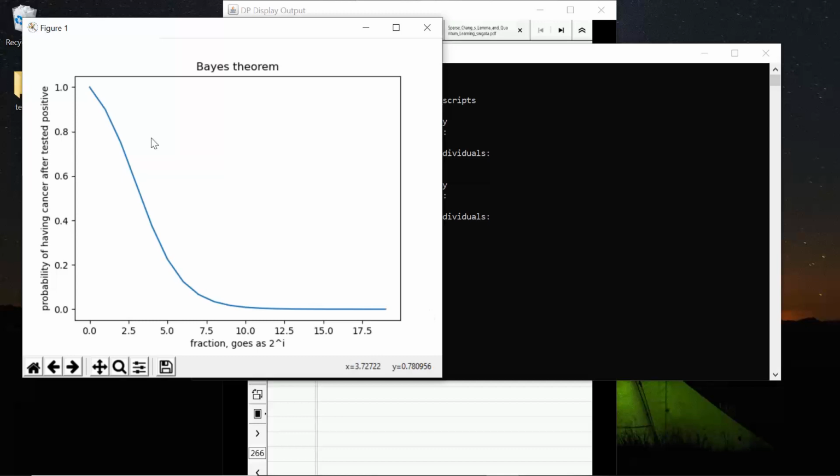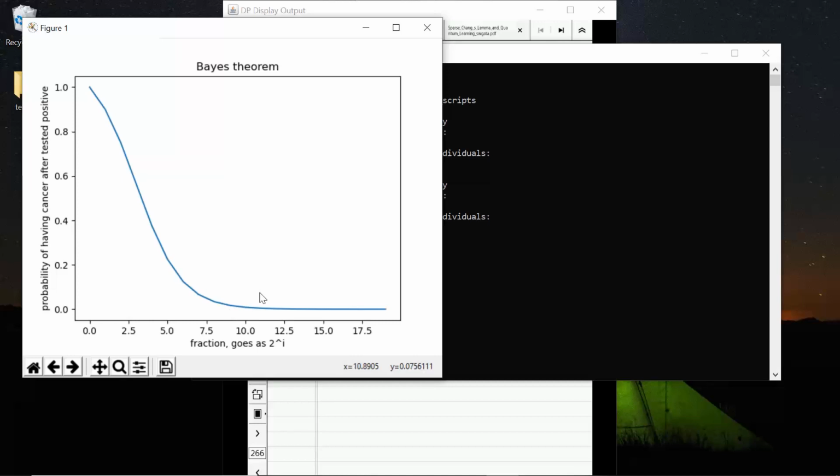And just to explain this graph, this is the fraction of people who have cancer. So at this point, 1 out of 2 to the power 5 people have cancer. So 1 out of 32 people have cancer. X-axis here 10, that means 1 out of around 1000 people have cancer. So when we said that only 0.1% people have cancer, this is where I want to look, and the probability is very, very close to 0.1.